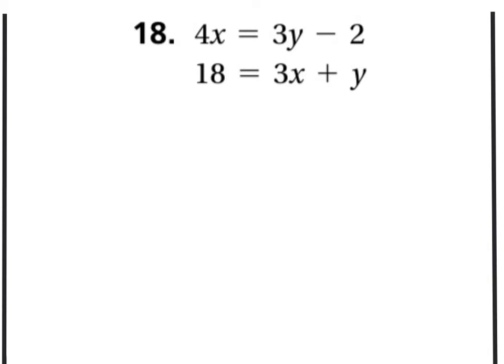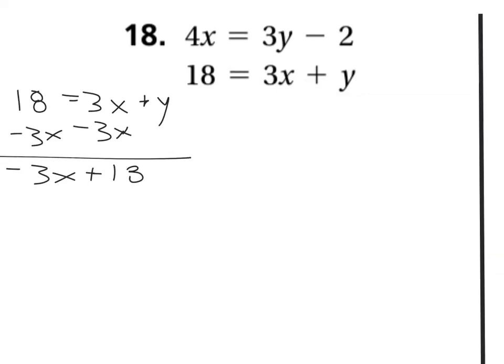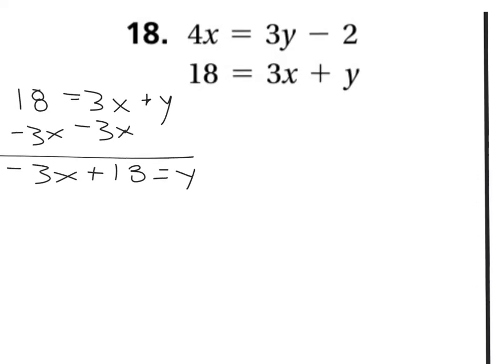Now, what can we solve for? Well, let's take a look. If we solve this equation for y, all we have to do is subtract 3x from both sides, and we've got it to be y equals. So I'm going to take 18 equals 3x plus y, and subtract 3x, and I get negative 3x plus 18 equals y.